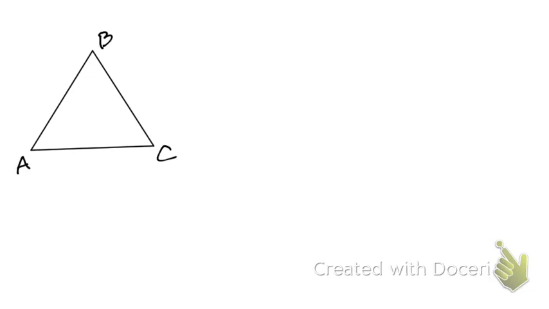We are going to have L, M, N are midpoints of triangle ABC. So if I draw a triangle ABC, and I have midpoints that are L, M, N. So we have L, M, N. And when I connect those, we're going to have lots of congruent segments.